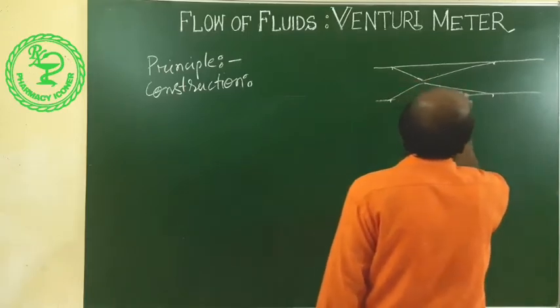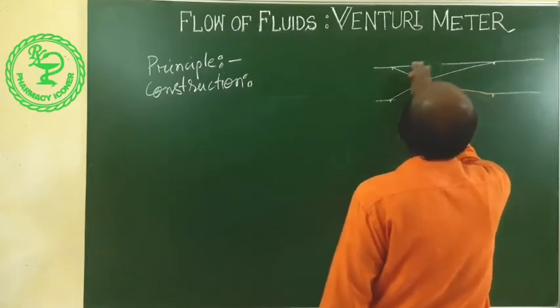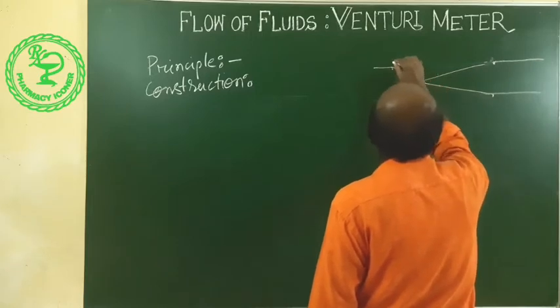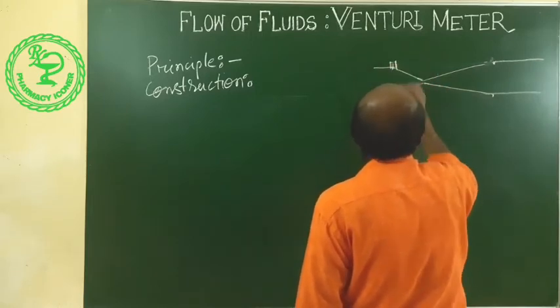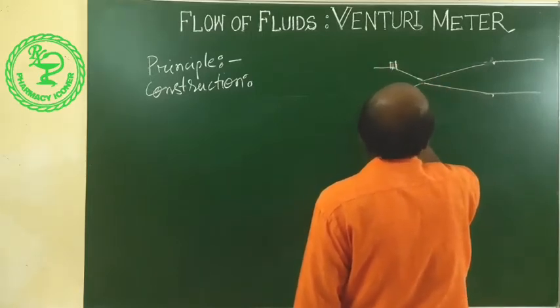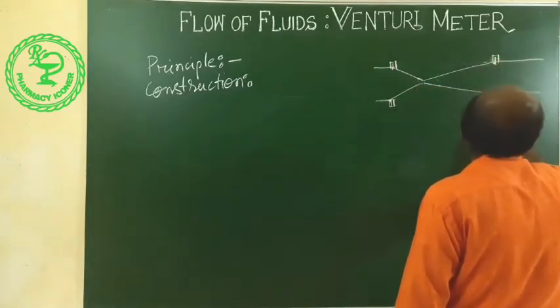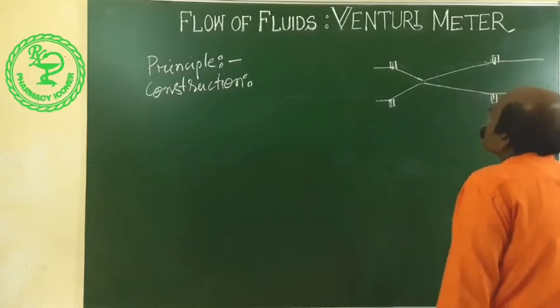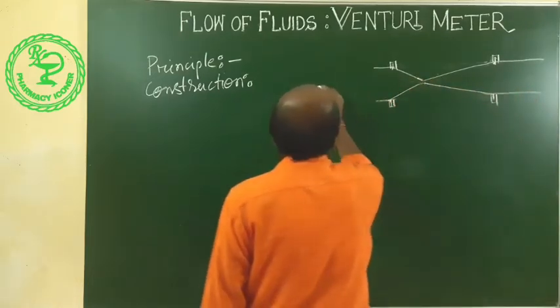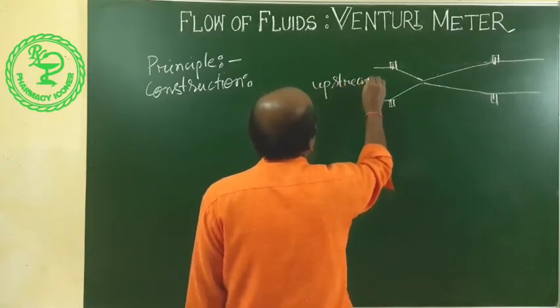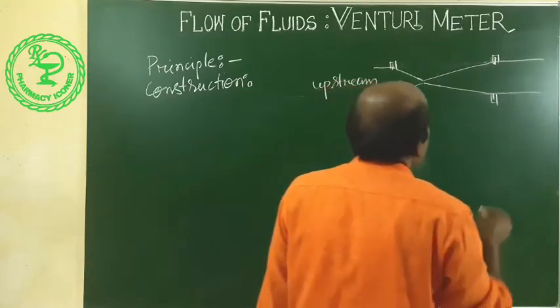Now you rub it. This is the venturimeter. This is the upstream. This is the downstream.